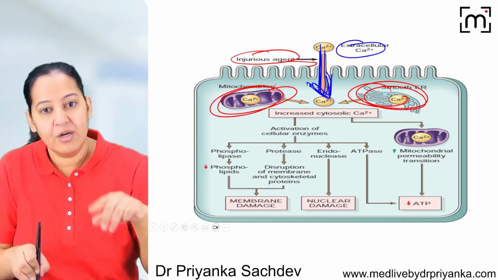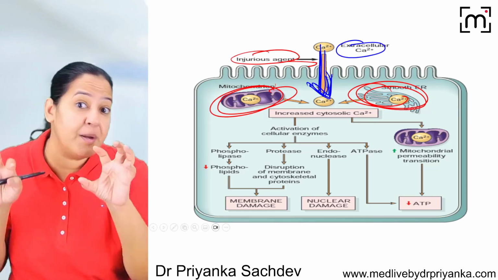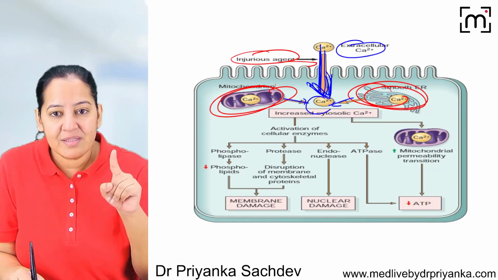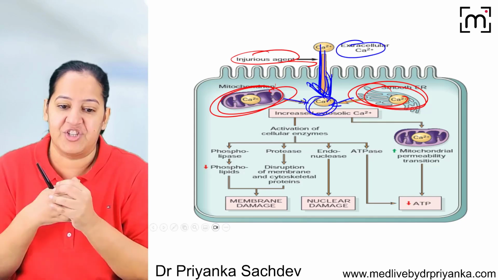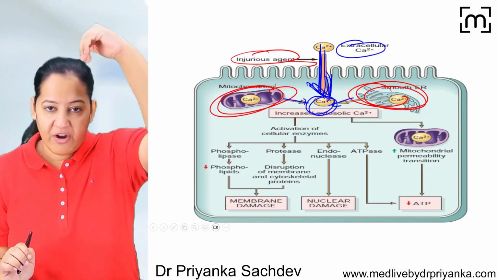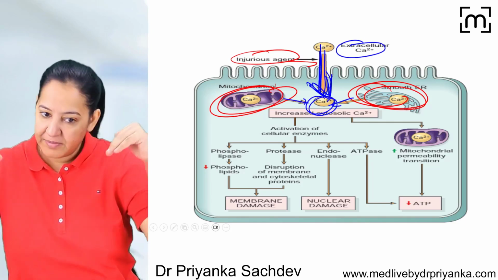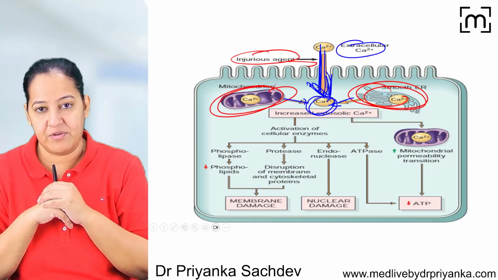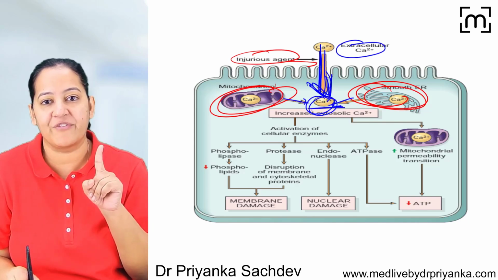Number two, intracellular calcium sequestered in the mitochondria and endoplasmic reticulum will also leak out. So in the cytoplasm there is a storm of abundant calcium coming from two places.